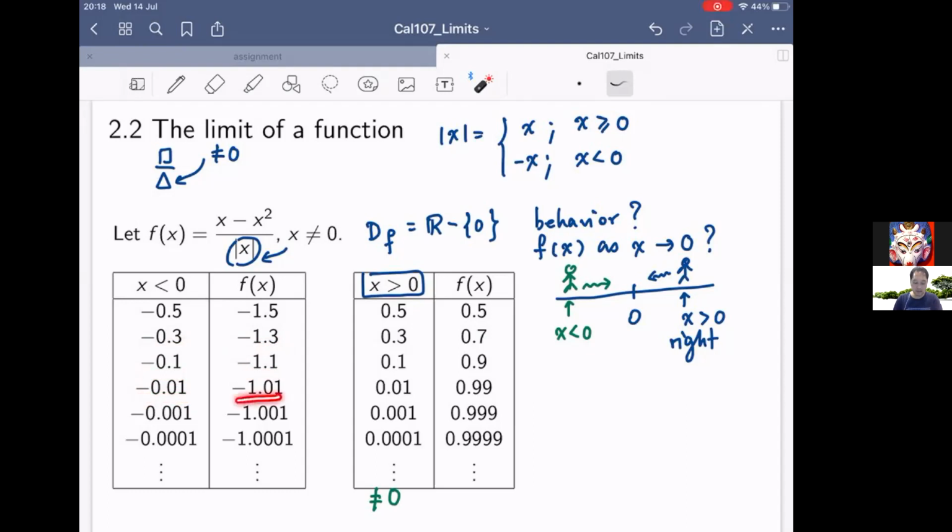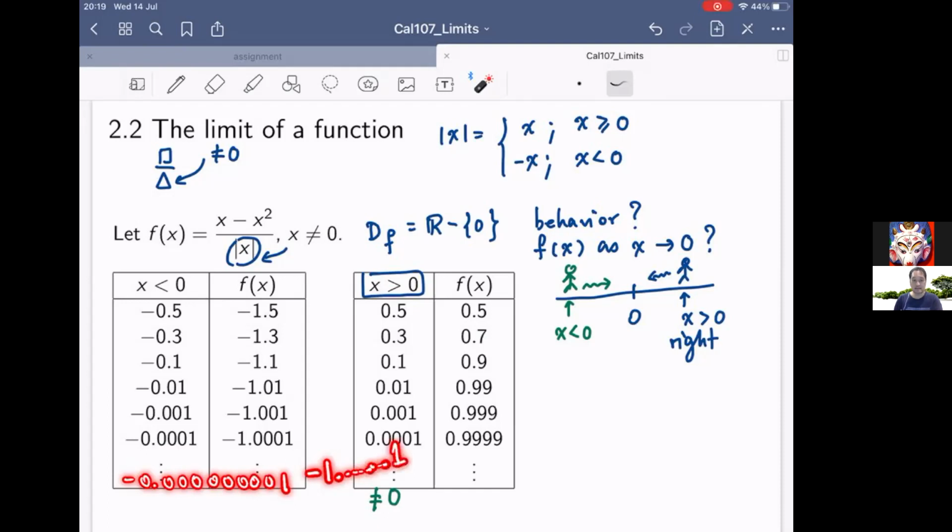Negative 0.01 gives negative 1.01, negative 0.001 gives negative 1.001, and negative 0.0001 gives negative 1.0001 as well. If you go further, can you make a guess how many decimal places of 0 you go before you reach 1?